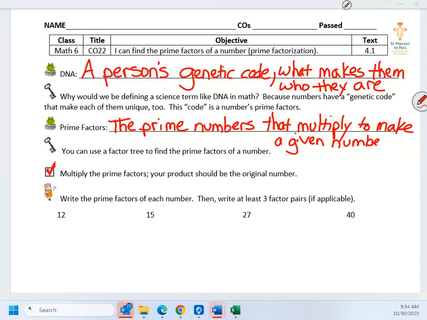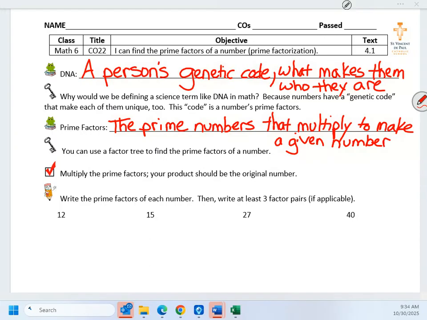So yesterday we were talking about breaking down those composite numbers into what factors, what numbers it's divisible by. So we're going to be talking about breaking down those composite numbers to only prime numbers. If we multiply all the prime numbers together, they will equal the original number. So we break down any composite numbers that we would multiply to equal it.